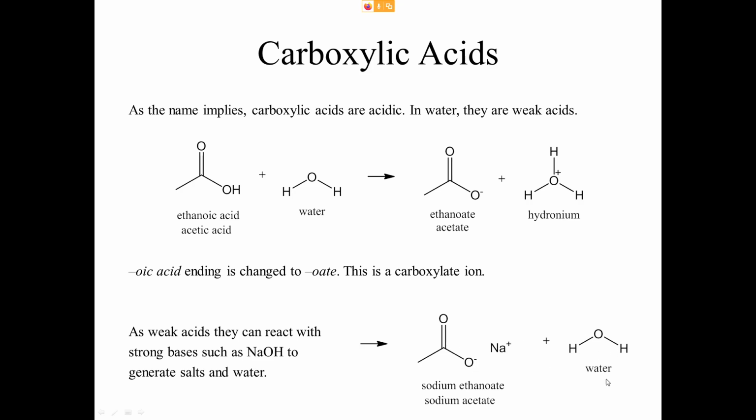So it's called a salt and a water. So if I react a carboxylic acid with a strong base like sodium hydroxide, I will always get the sodium carboxylate. So here's the positive thing listed first, sodium carboxylate, like most salts, like sodium chloride. But it's not chloride in this case, it's a carboxylate. So in this case, ethanoate or propanoate or benzoate or whatever it might be, but it ends in that -oate ending, plus water.